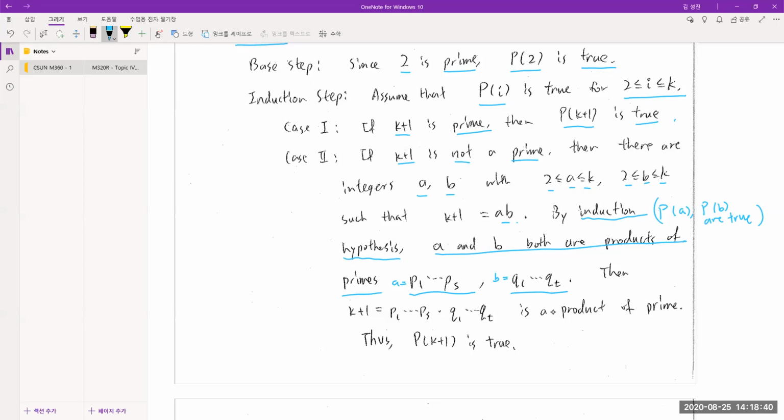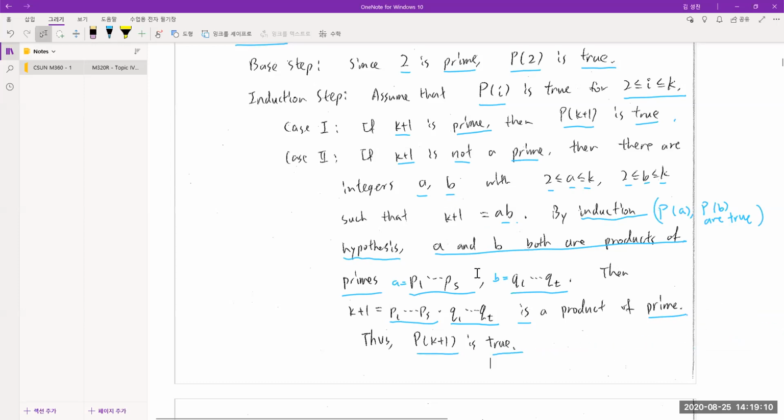Then k plus 1, which is A times B, can be written as P1 through PS, that is from the A, Q1 through QT, that is from the B. So now, in turn, k plus 1 is a product of primes. Therefore, in this case, P of k plus 1 is also true.